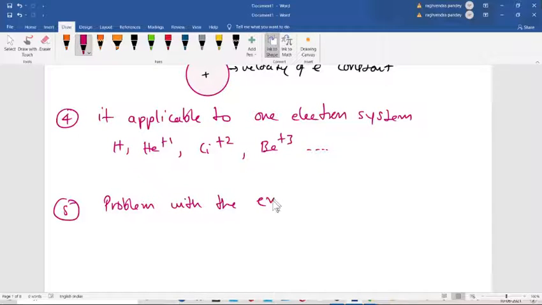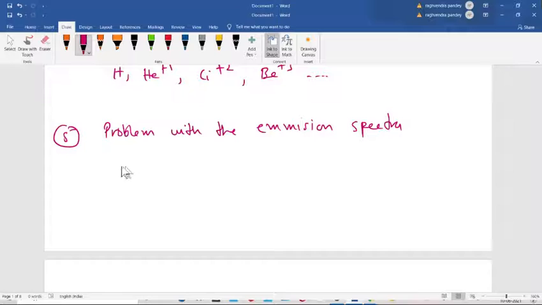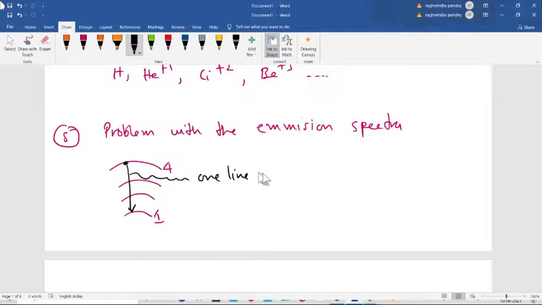Problem with the emission spectra. Okay. So normally what happens is that when an electron jumps from, suppose, the 4th orbit to, let's say, the first, electron coming here, it will give one line spectra.